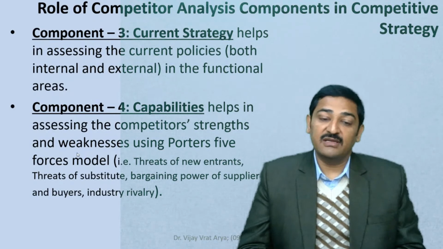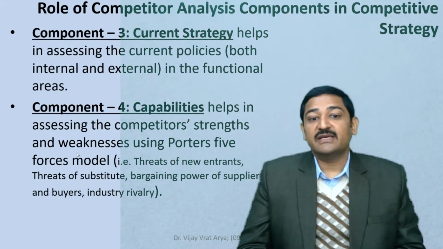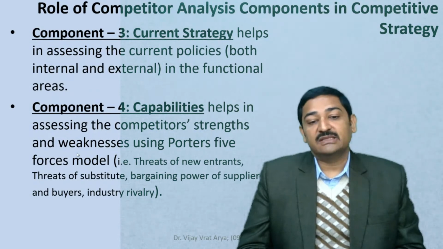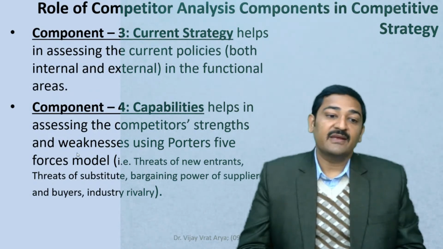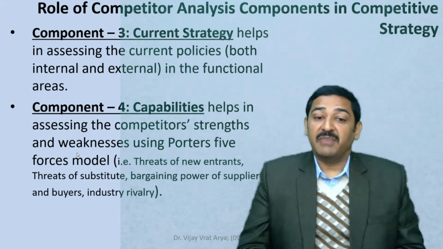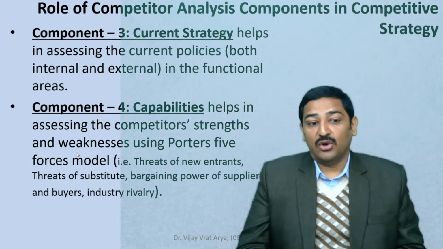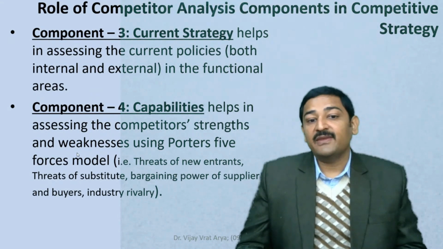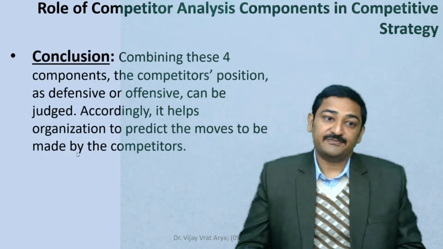five forces model, which we have already discussed in the previous session, which talks about the threat of new entrants, threat of substitute goods or services, bargaining power of the supplier or the buyer, and the industry rivalry, which were the five major forces.